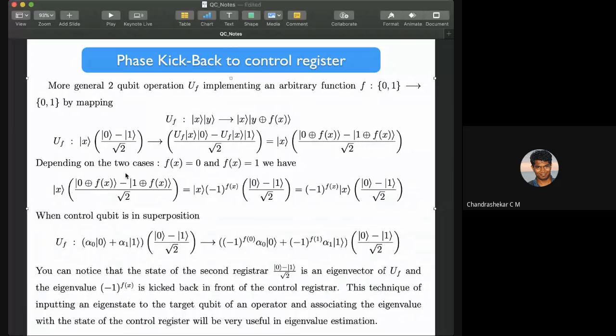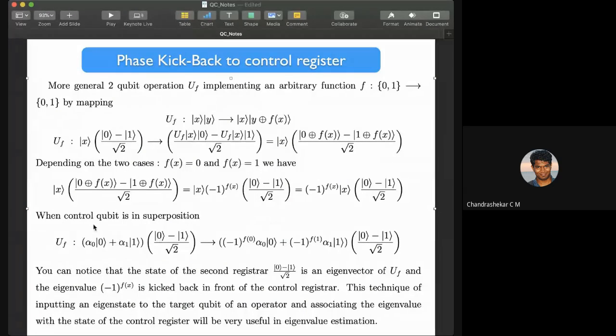Now the same thing is rewritten here, and we are trying to take those things out as a common factor, because that's what we said: f of x is 0 or 1, and if you write them as minus 1 to the power of f of x, it's just a rewriting of the same state in a more generic form. And you have a function here; instead of c0, we said you are having a general function f of x. So it's minus 1 to the power of f of x, and then you have recovered what it was there. The phase has come back into the system.